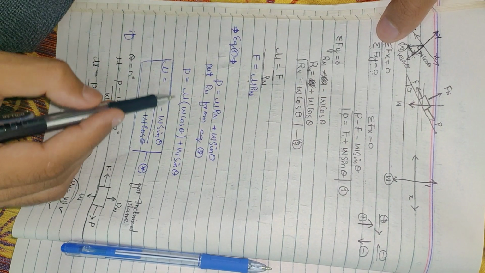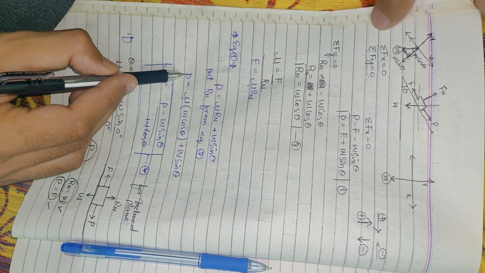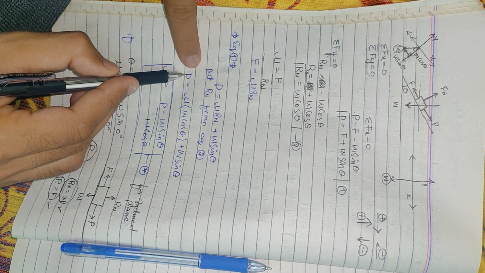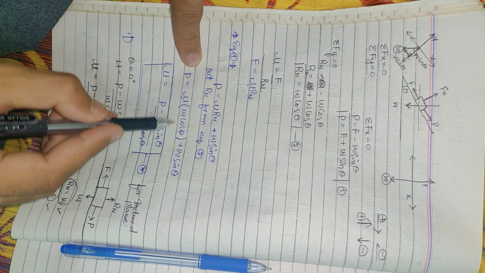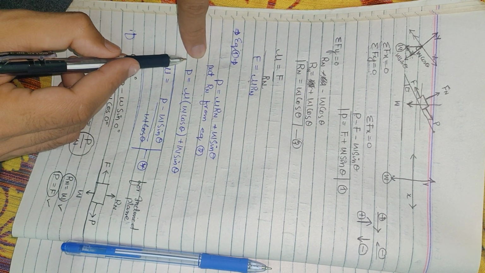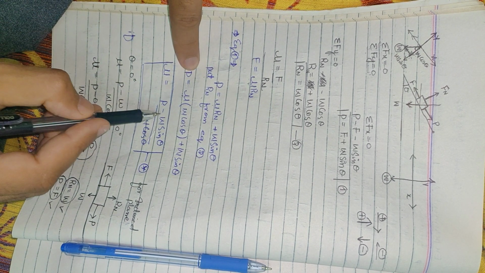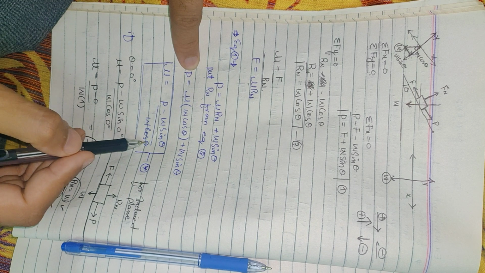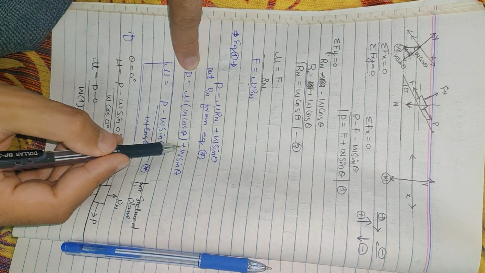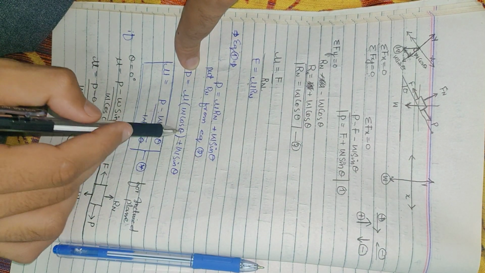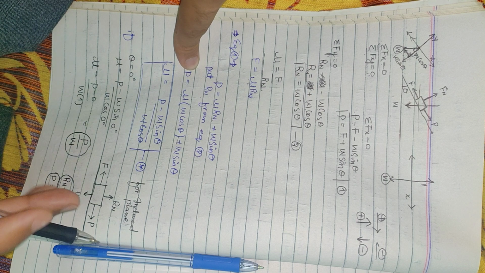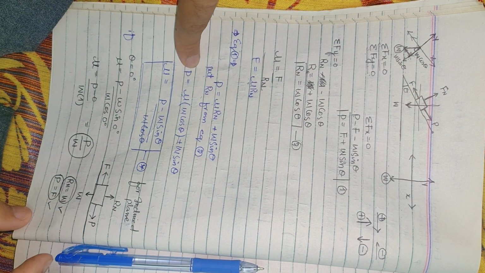Rearranging, mu is equal to P minus W sin theta divided by W cos theta, because W sin theta has a positive value and W cos theta is multiplied with the coefficient of friction.